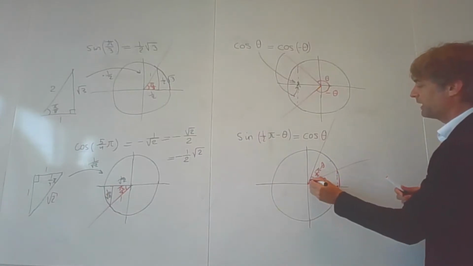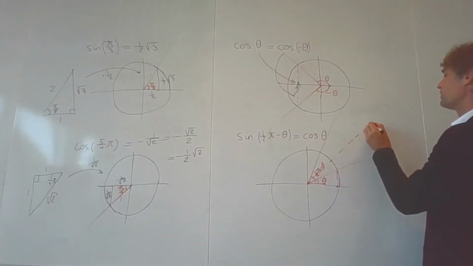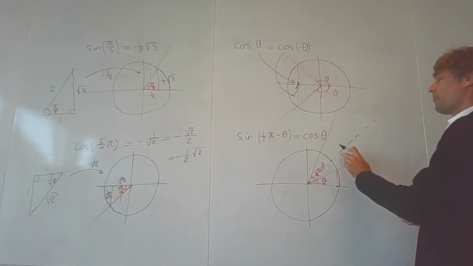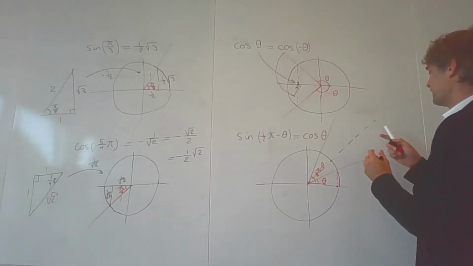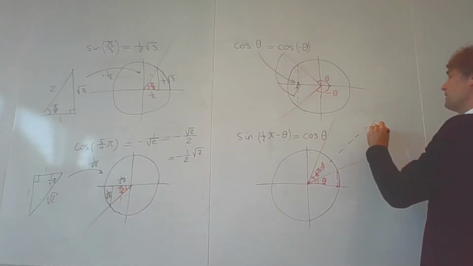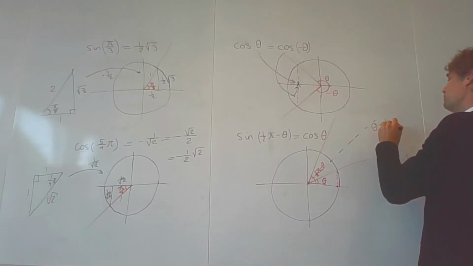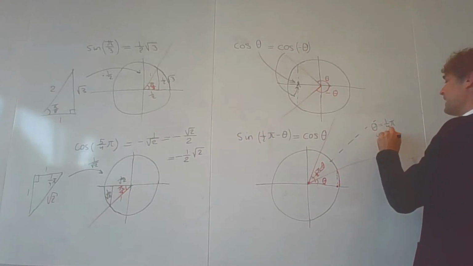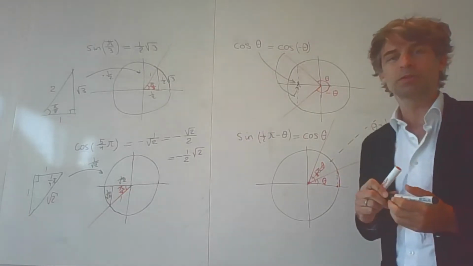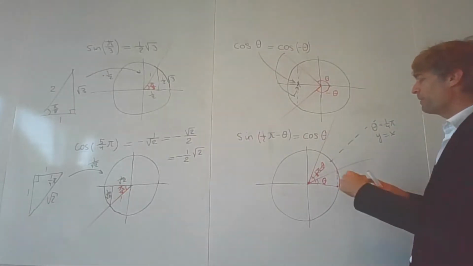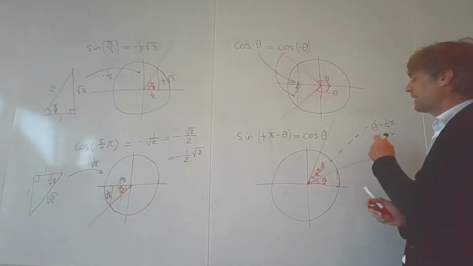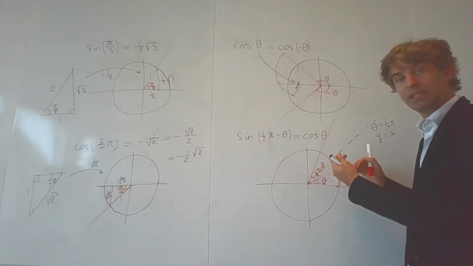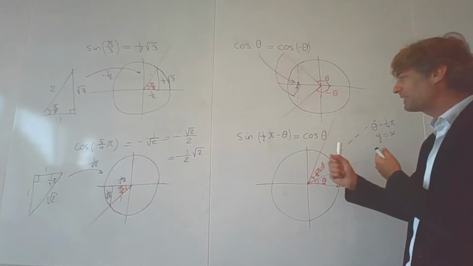So these two lines are really just each other's mirror image in the line under an angle theta is 1/4 of pi. Oh, that's the line y is x. And what do you get if you take the mirror images in the line y is x? So that means that for coordinates, you exchange the y and the x coordinates.